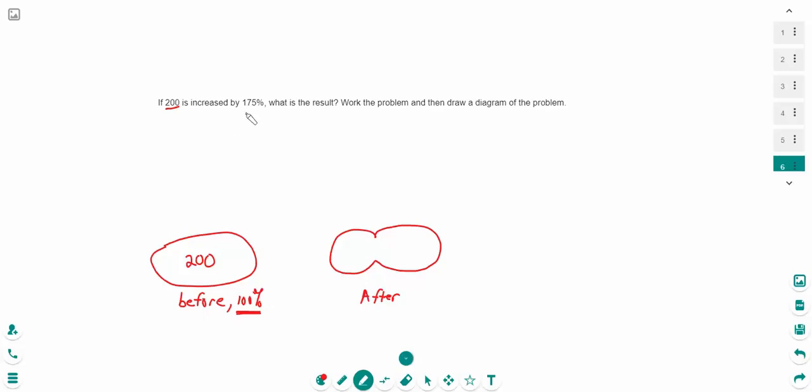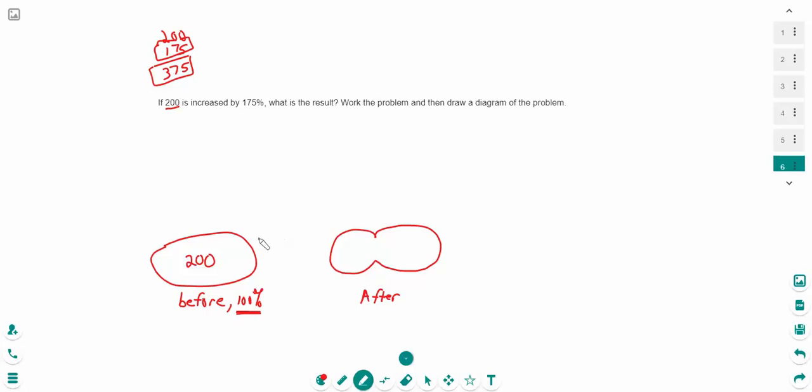They said it's increased by the percentage of 175. So don't just think you can take 200 and add to it 175 and go, there, I've increased it by 175. Well, yes, you've increased it by 175 as a number, but you have not increased it by 175%. That's very different, okay?